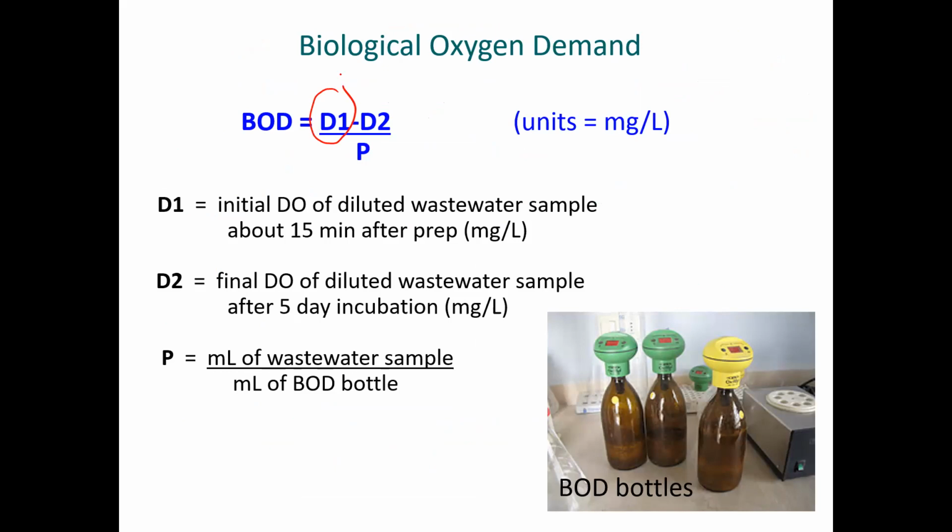And then you measure how much oxygen is in the water sample after 5 days. The oxygen is usually going to be decreased. And then you're doing a corrector in there, in that you're multiplying it by the volume of the bottle and dividing by the amount of the wastewater.